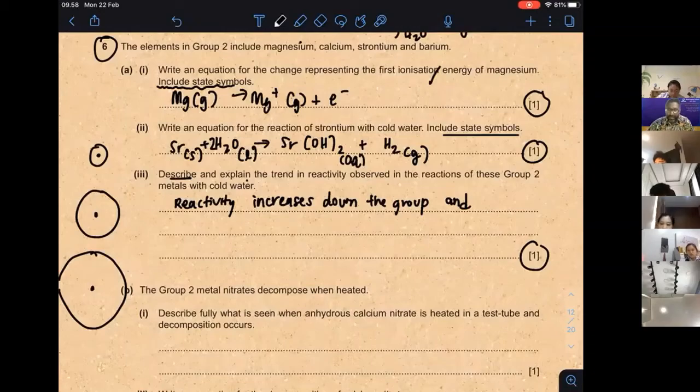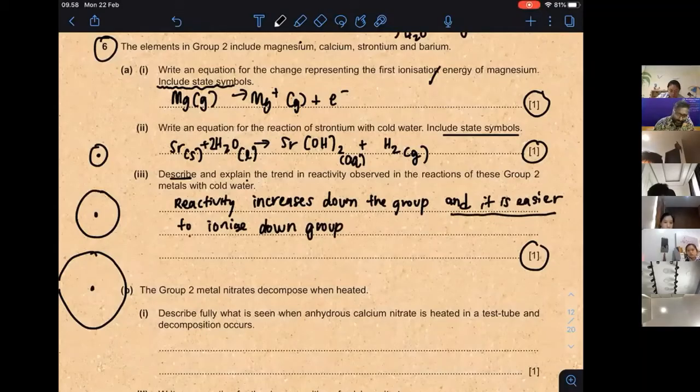So you can say it is easier to ionize down the group. Or if you want to use the ionization energy, instead of writing it's easier to ionize down the group, you can say the ionization energy decreases down the group.